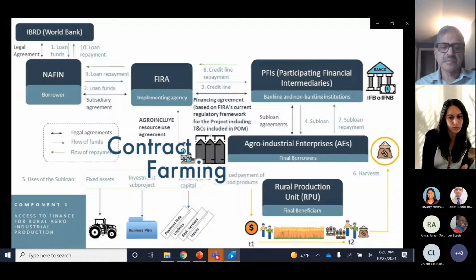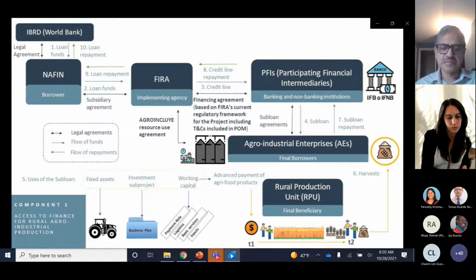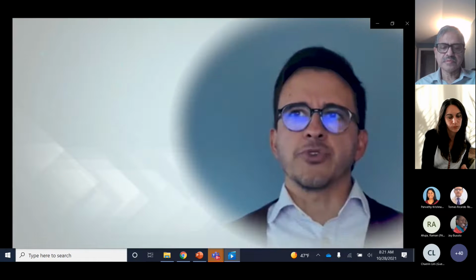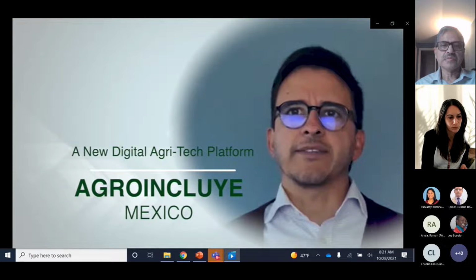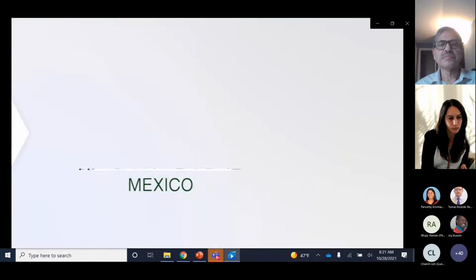And the second objective is to improve the quality and availability of information and financial instruments to participating financial institutions, agro-industrial enterprises, and rural producers through the development of a new digital agri-tech platform.